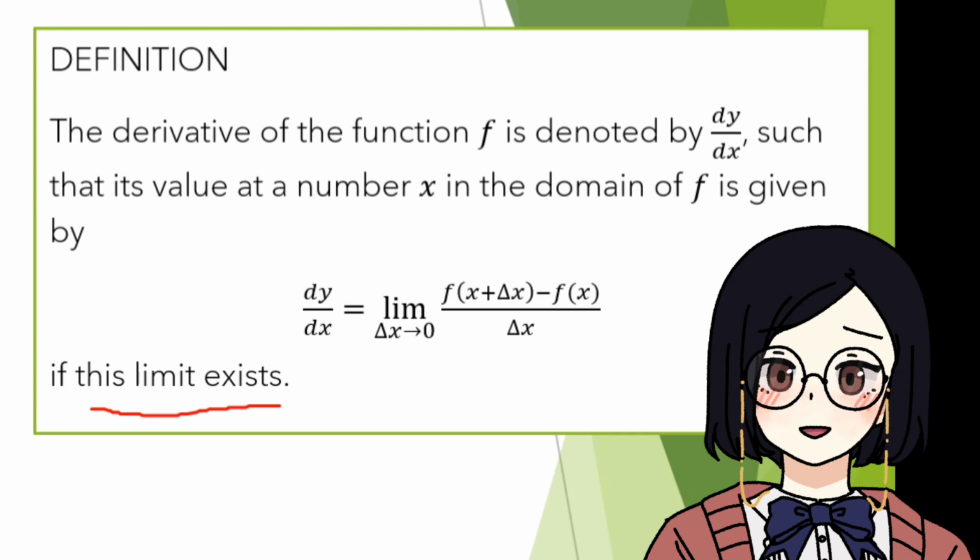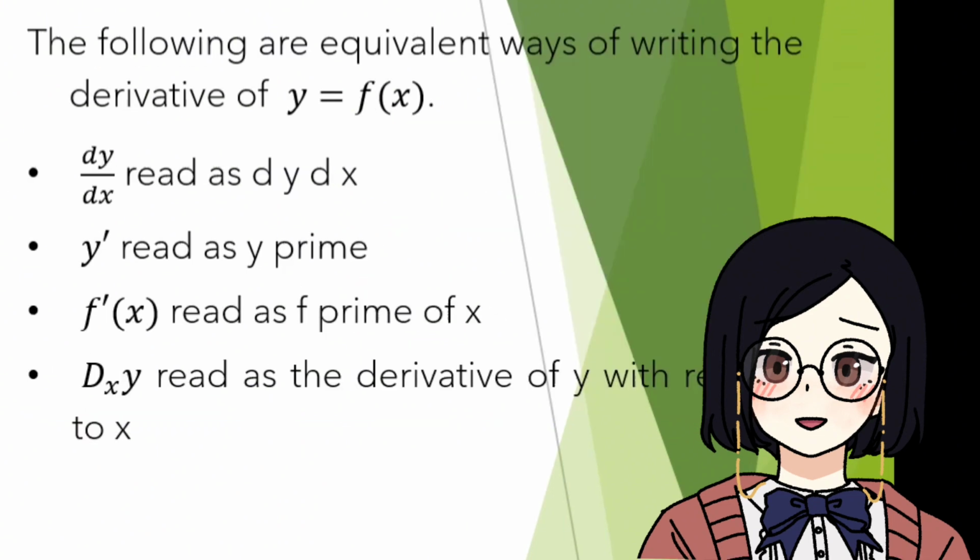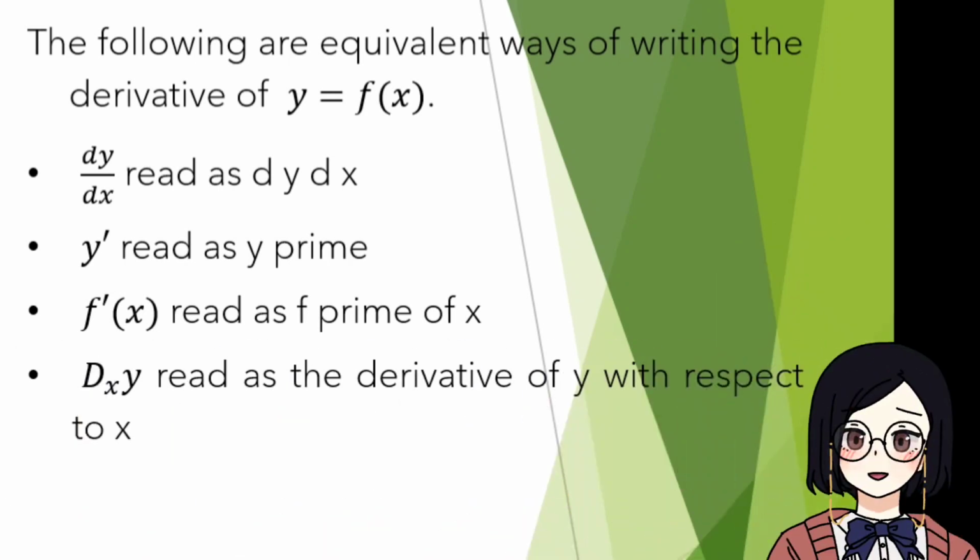So this means that the function will have a derivative only if the limit of the function exists. The following are equivalent ways of writing the derivative of y equals f of x. First, we have dy/dx. The second one is read as y prime. The third is read as f prime of x. And last is read as the derivative of y with respect to x.